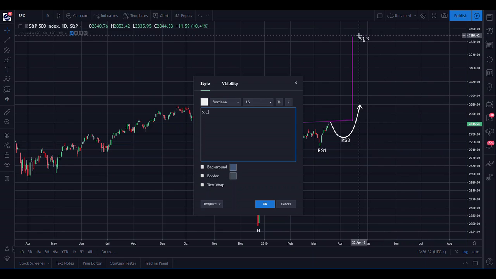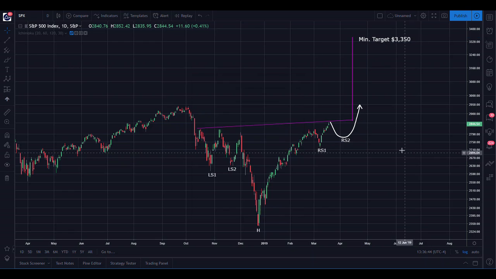It's important to know that this is a minimum. In other words, it's not called a minimum for nothing. Being that it's the minimum target means it's very likely to be exceeded.